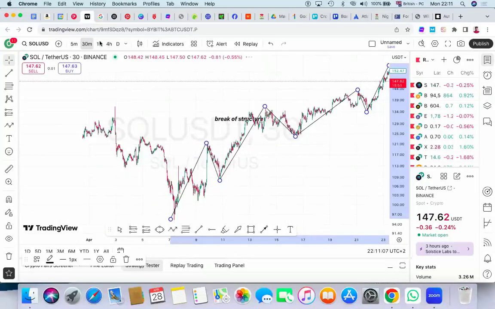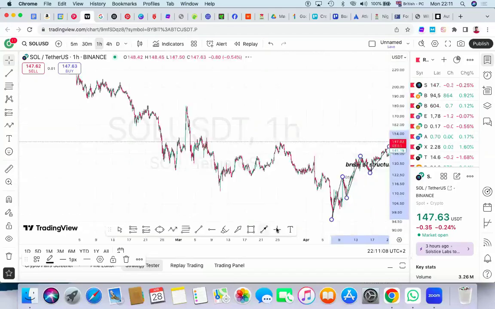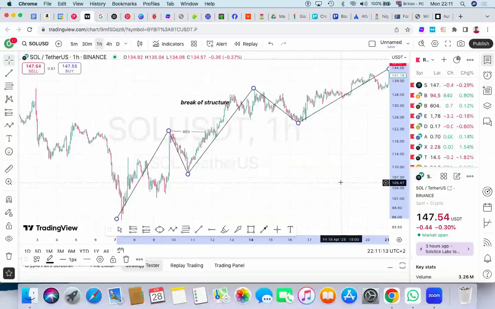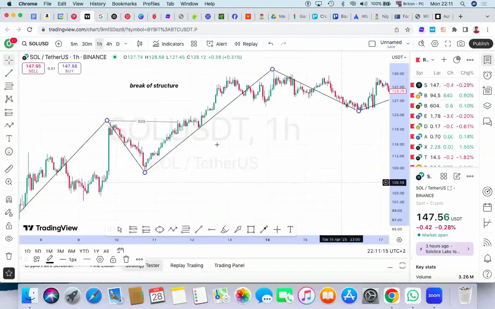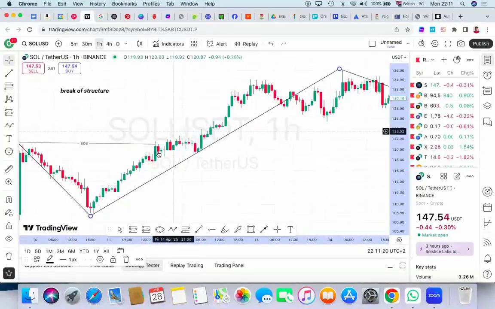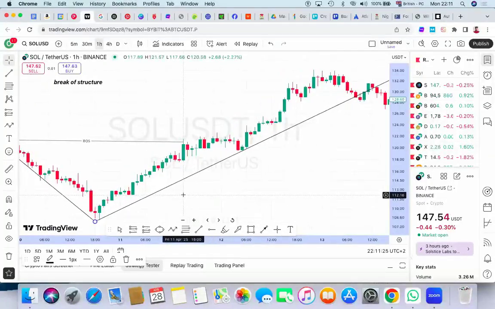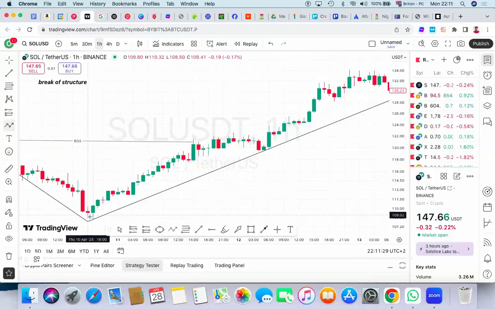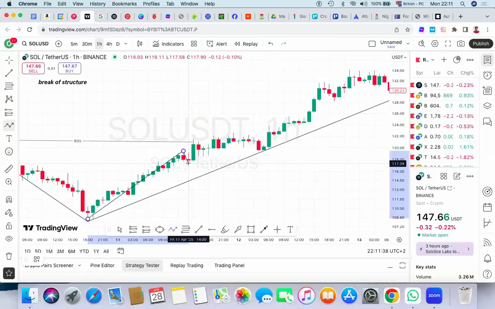So on our 1 hour here, we won't notice that there's a pullback here. We won't notice that there's a little pullback here, but you can actually see it if you zoom in very well, right? If you zoom in very well and you pick your tool here and you go, okay, this is a high, it was printing up candles and stuff like that. But if you see from here, look at, there was actually a little pullback here.